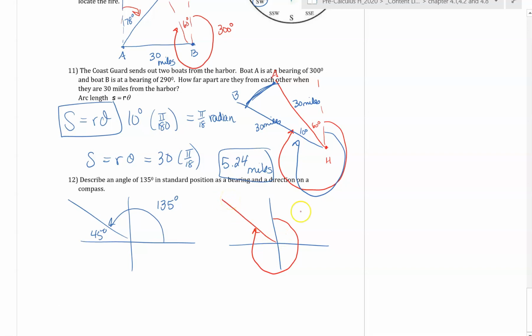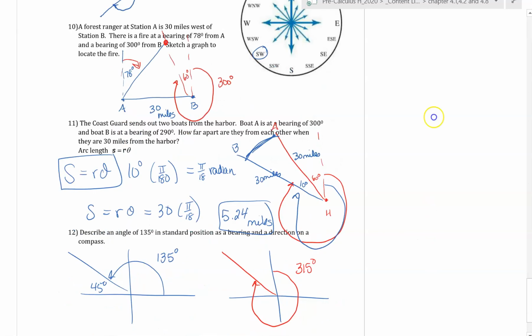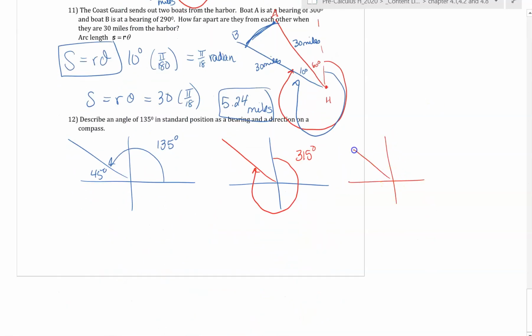So do you see how a bearing would have to be 315 degrees to have that same terminal side? And if you think about the compass, that would be northwest. Great job, everybody.